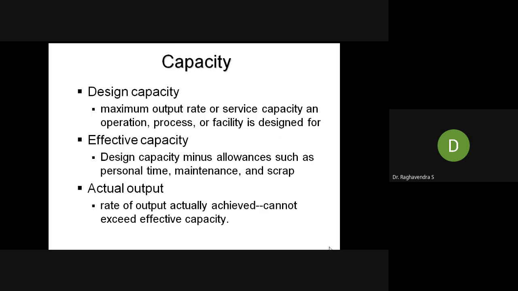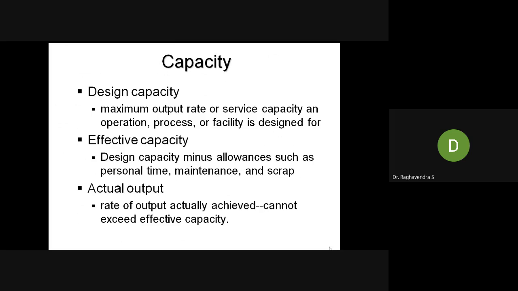So then what is the effective capacity? Design capacity minus allowances such as personal time, maintenance and scrap. Suppose you are designing for 100 tons on a truck, you cannot load exactly 100 tons on it. That creates a problem, and that is the reason why they give some allowances.